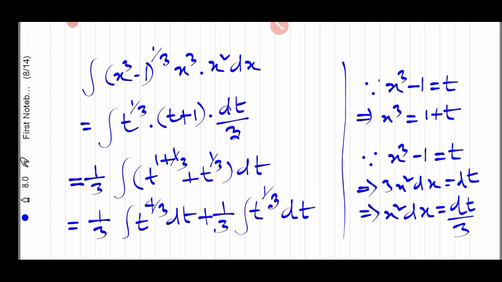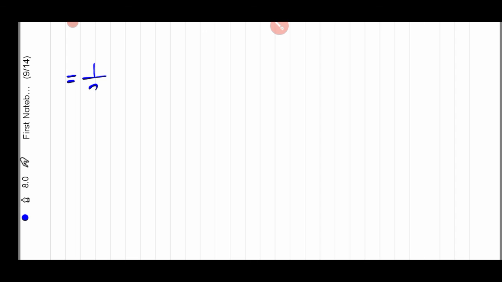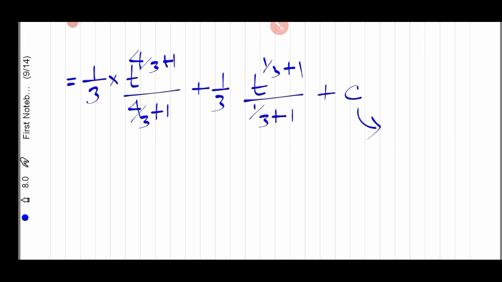Now on integrating we have 1 by 3 into t to the power (4 by 3 plus 1) divided by (4 by 3 plus 1) plus 1 by 3 t to the power (1 by 3 plus 1) divided by (1 by 3 plus 1) plus c, where c is the constant of integration.